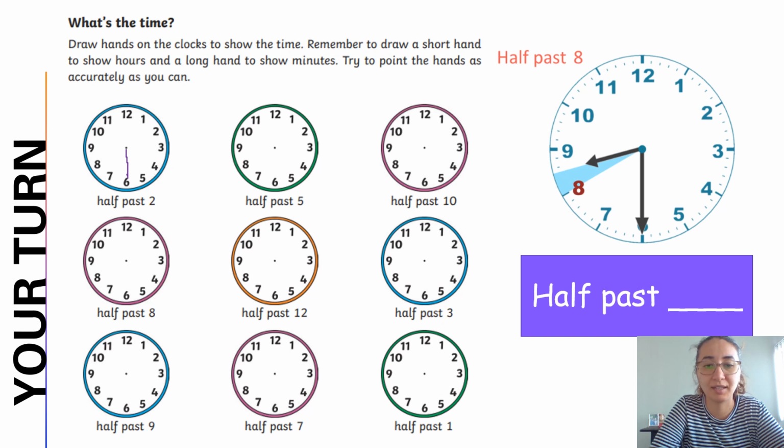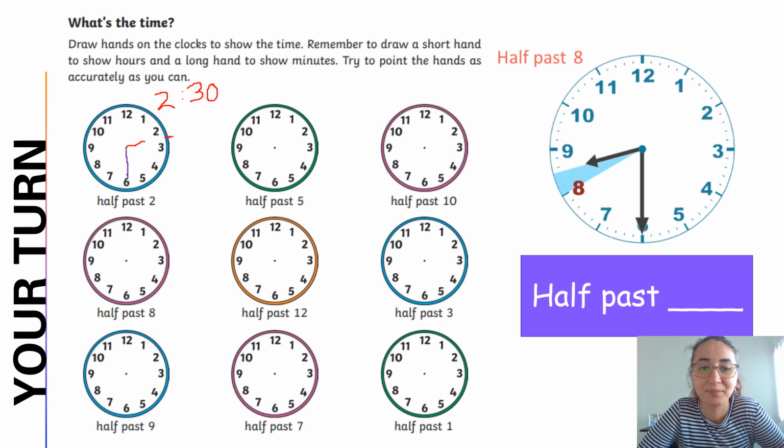And the short hand will point halfway between the two. So point that way, and there we go, 2:30. Yours will look a lot neater than mine. You might even try digital time next to it and put 2:30. So good luck, guys.